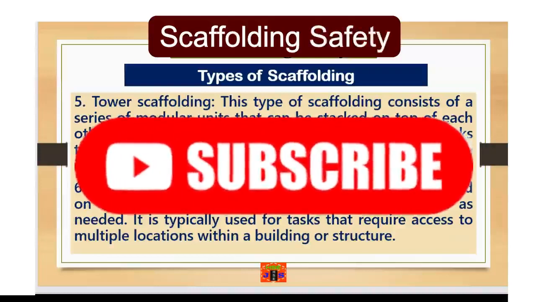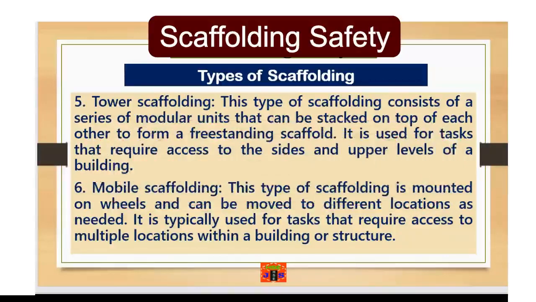Number 6, mobile scaffolding. This type of scaffolding is mounted on wheels and can be moved to different locations as needed. It is typically used for tasks that require access to multiple locations within a building or structure. By its name, it's clear it can be movable.